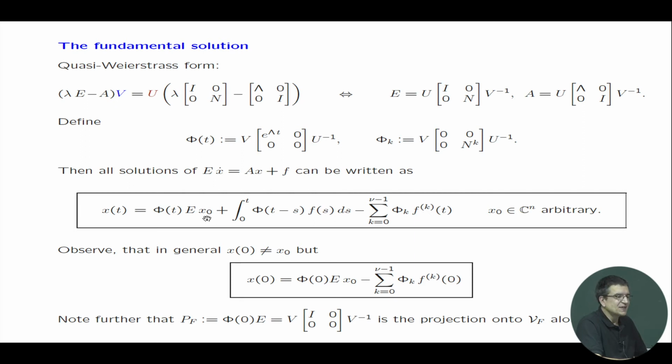So in the standard case, you have the initial condition here, and then here comes the matrix exponential. And in this formula, the x0 is not the initial condition. But we have this: the initial condition, x of 0, is given in this way.